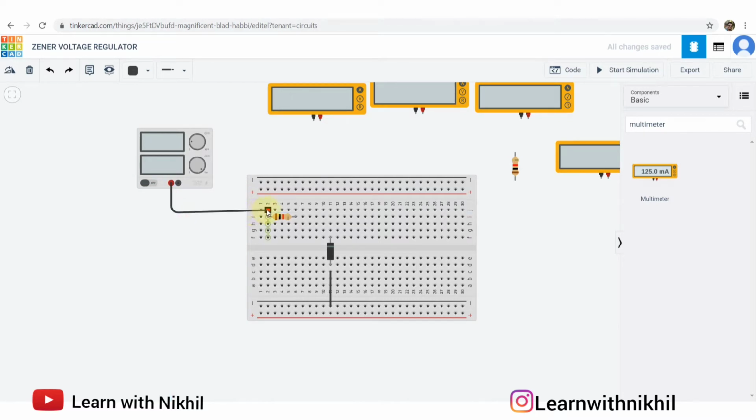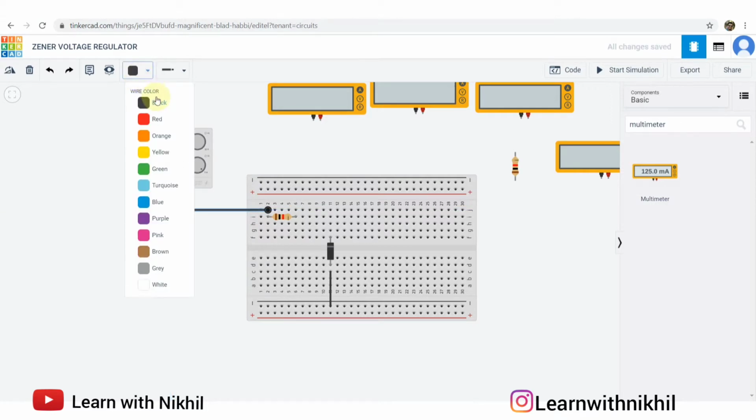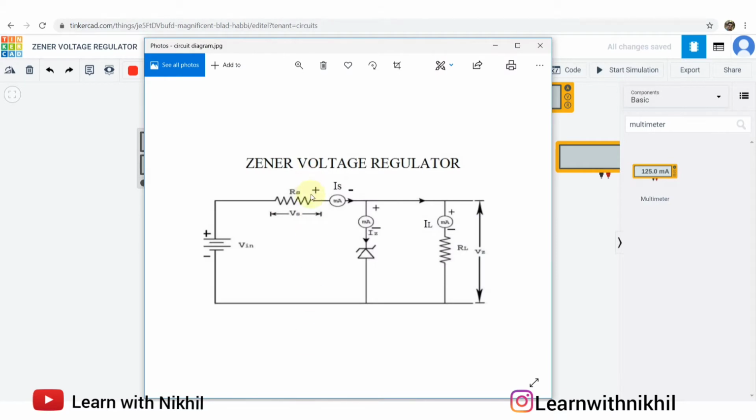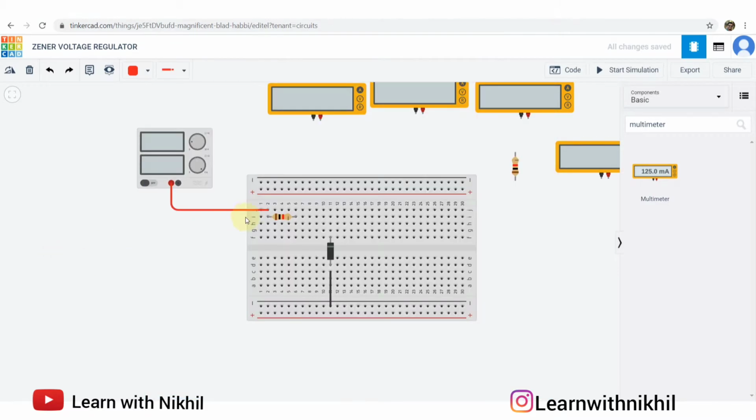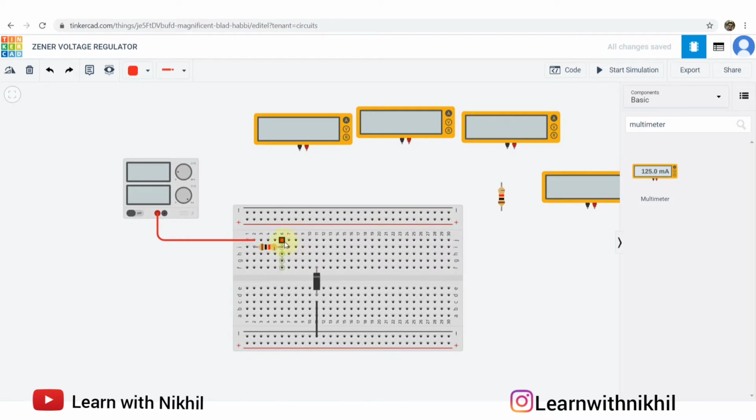I'll attach it to the resistor. Keep this color red. Then the other terminal of the resistor is attached to the milliammeter, that is IS, to the positive of the milliammeter.